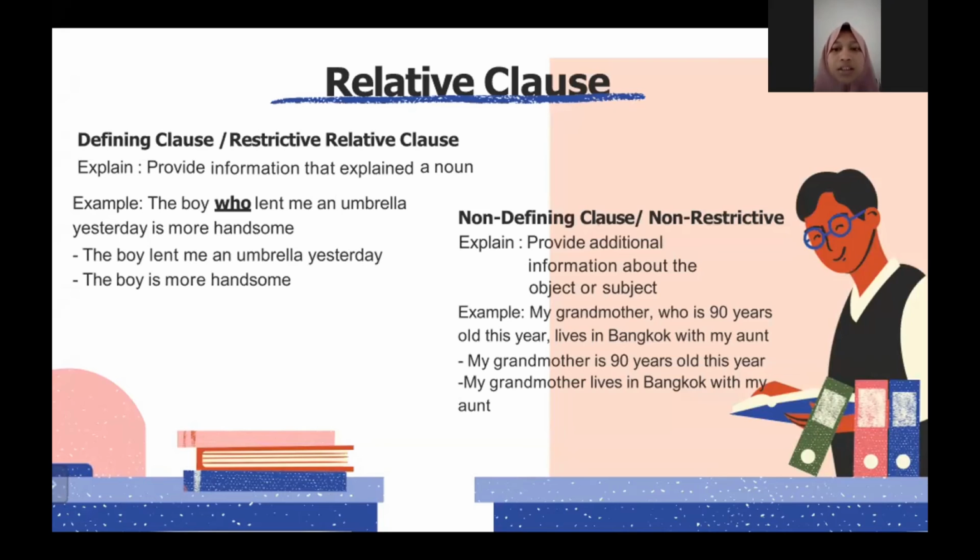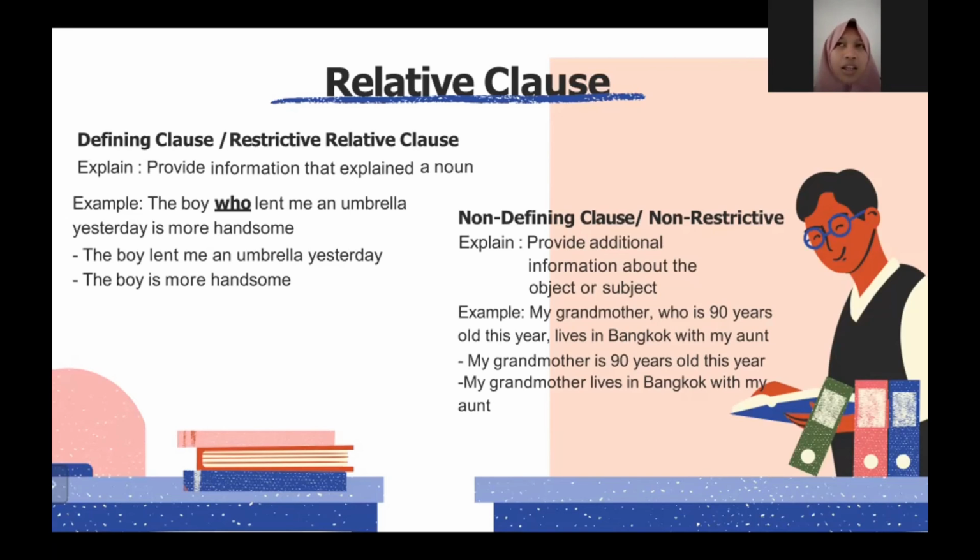On this slide, a defining clause can be called a restrictive relative clause, and a non-defining clause can be called non-restrictive. A defining clause is a clause that usually comes immediately after the noun it describes, and the non-defining relative clause gives us extra information about someone or something. The defining relative clause gives essential information about someone or something.